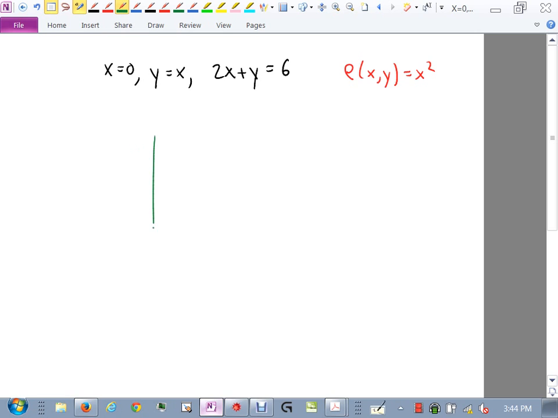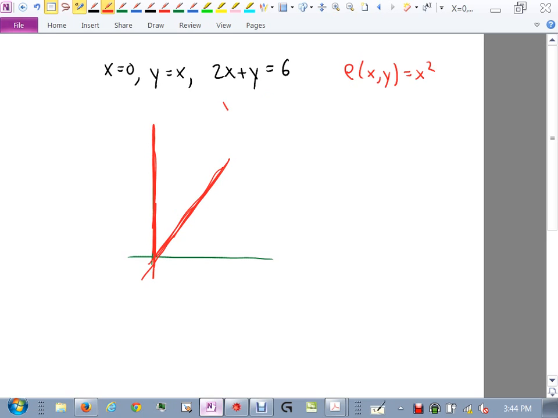So let me look at our region on the ground. X is 0 is the y-axis, right? Y equals x is the diagonal. And then 2x plus y equals 6. That's a line, right?